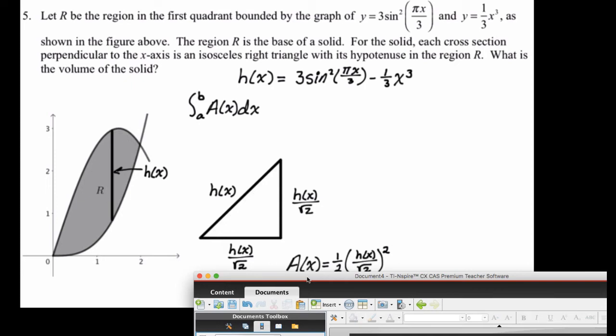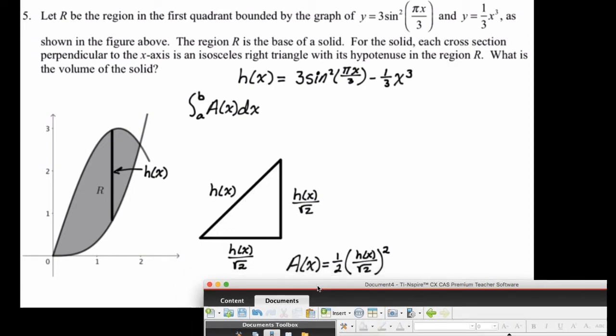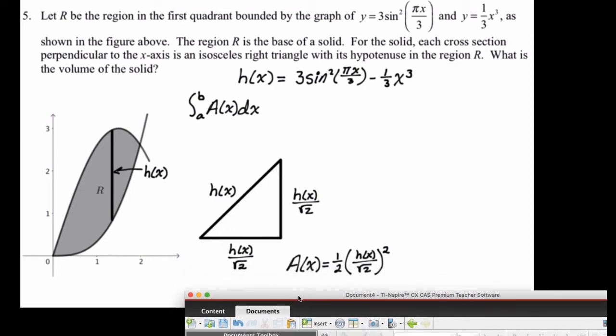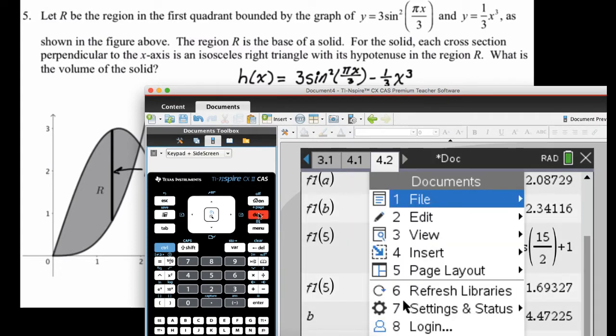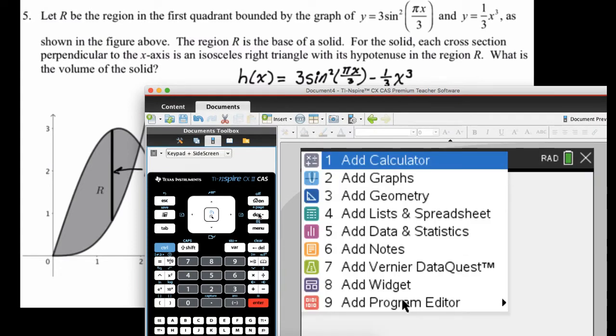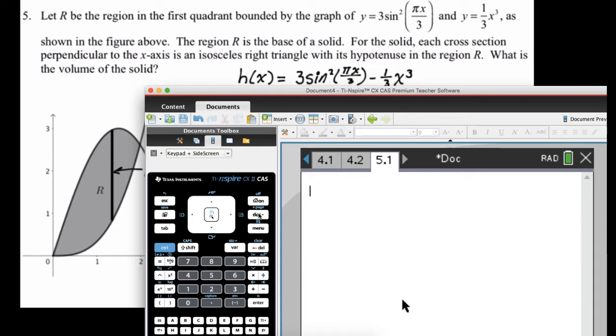All right, and at this point, I definitely need a calculator. So let's go to the calculator, add a problem, calculator. I'm going to define h of x as 3 sine of pi times x over 3, and then square the sine function, minus 1/3 x cubed.